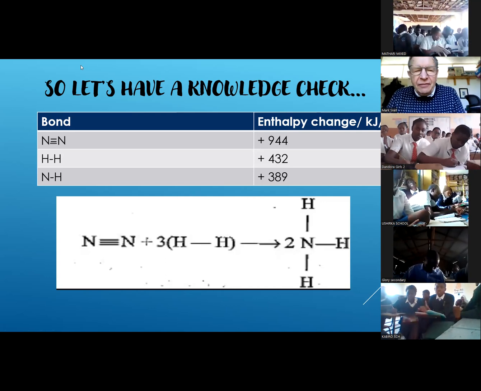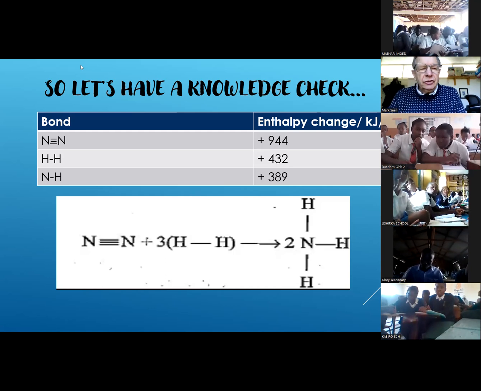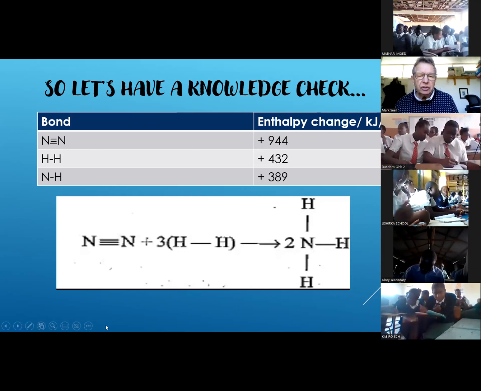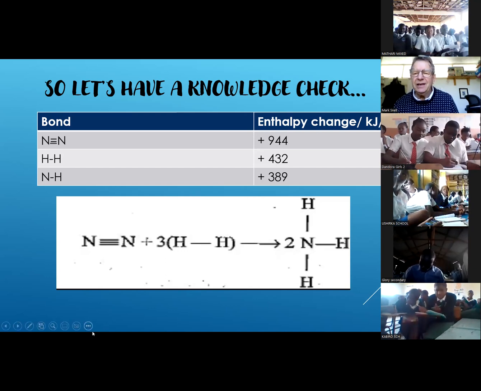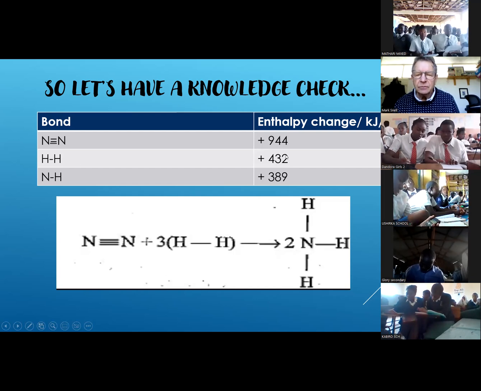Remember, on the left-hand side, all of the bonds need to break. So you have to count up. We have 1 nitrogen triple bond nitrogen. That's going to be 944. We also have 3 hydrogen to hydrogen, which means it's 3 times 432.